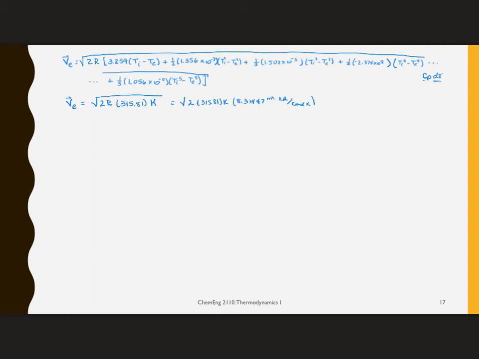Everything else is given, they gave us the molecular weight. Everything I know has been done in kilograms. You remember we have that unit conversion, 1,000 meters squared per second squared is a kilojoule per kilogram. Everything's been in kilograms. So let's take the hint that they gave us.